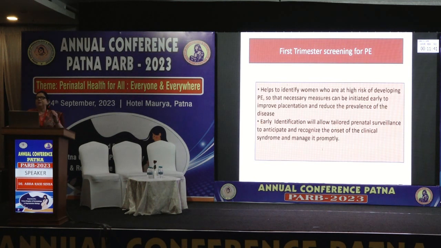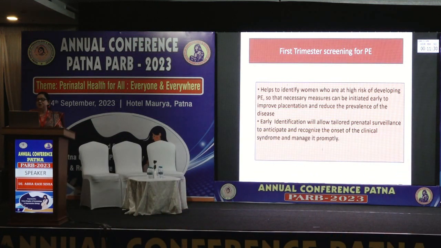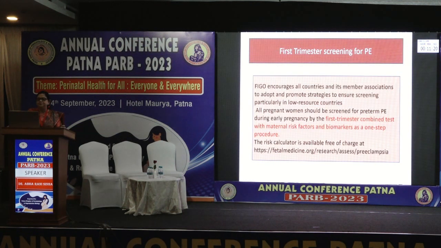Now the other area where we do first trimester screening, which is very important, is for prediction of preeclampsia. And it is important that we do early prediction of preeclampsia because that will help us to go for tailored prenatal surveillance to anticipate and recognize the onset of clinical syndrome and manage it promptly.